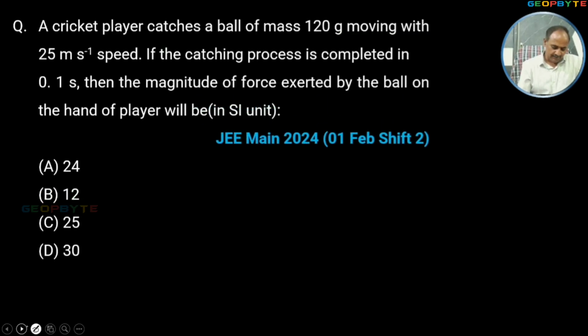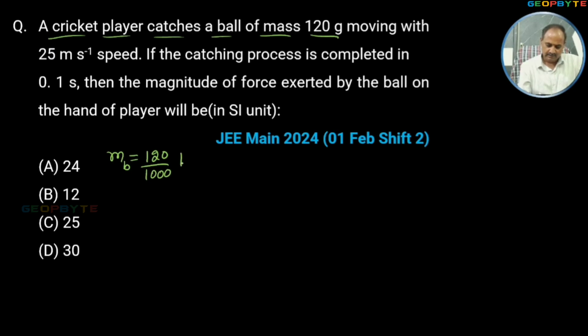Similarly, let us take the another question. Try to read it clearly. It is asking like this. A cricket player catches a ball of mass 120 grams. Mass of the ball equal to 120 divided by 1000 kg, which is equal to 0.12 kg, moving with a velocity 25 meter per second.